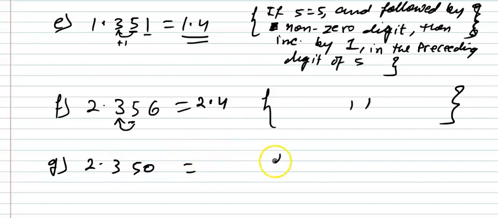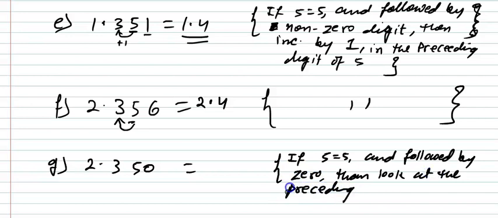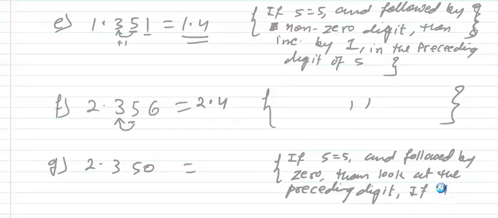So if it is 0, you have to write the condition: if 5 equals 5 and is followed by 0, then look at the preceding digit. If it is odd, then increase by 1.